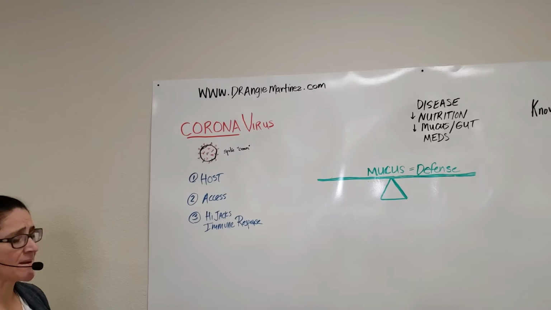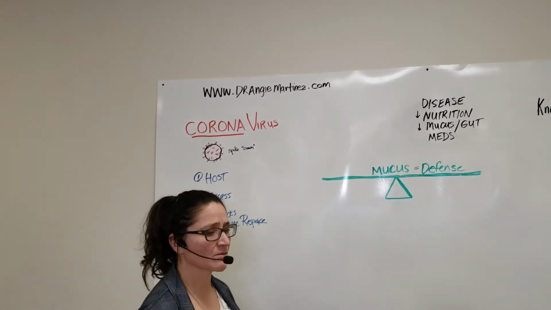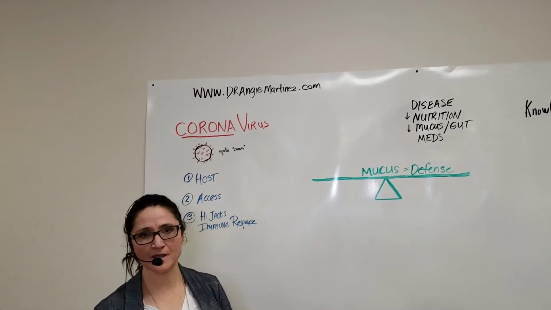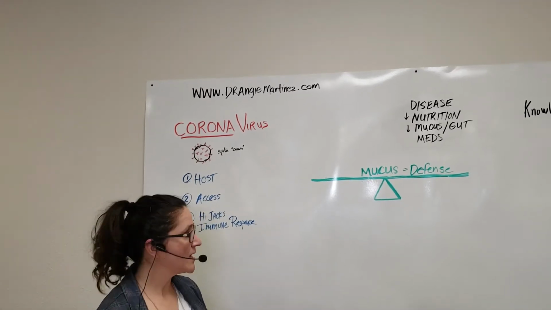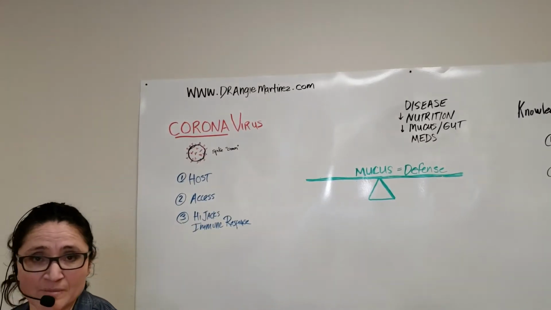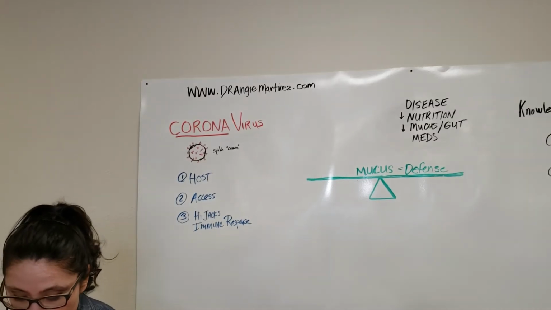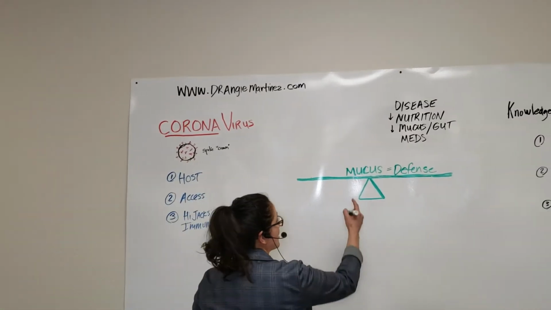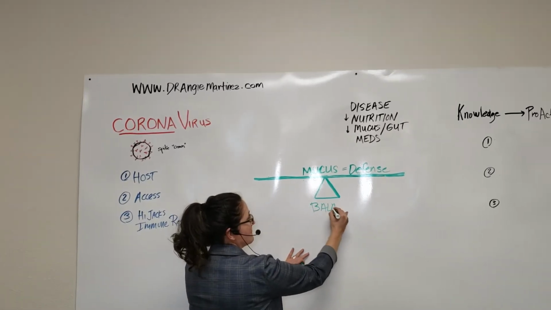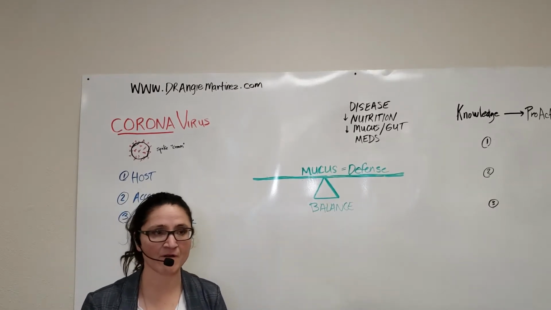So first of all, what makes a good host? When you come to see me as a patient, I always start with the foundation of what keeps us healthy, and what keeps us healthy is balance. What we're trying to establish when it comes to inflammation is balance. It takes a good, balanced, healthy mucosal membrane to fight off and ward off any type of intruding bacteria or virus.